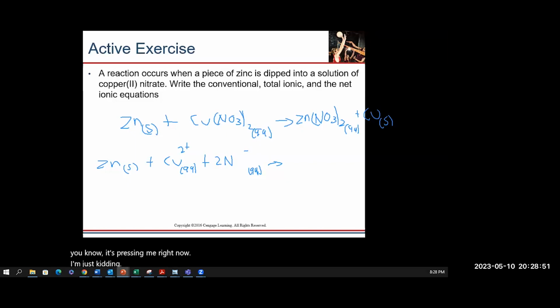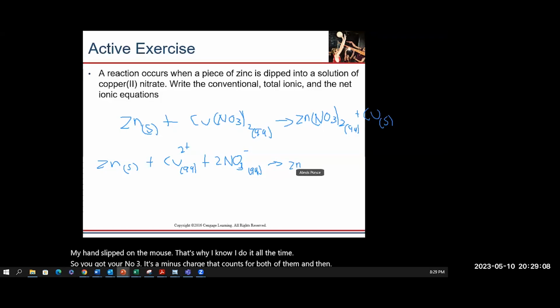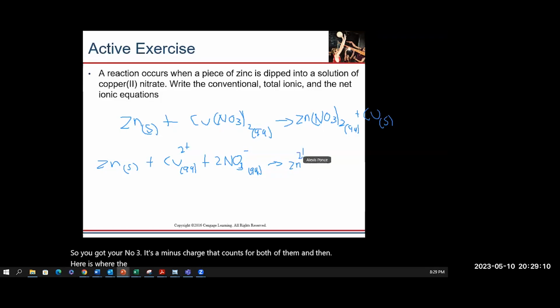All right. My hand slipped on the mouse. So you got your NO3, it's a minus charge that accounts for both of them, and then here is where the 2 plus charge takes effect because it's aq.